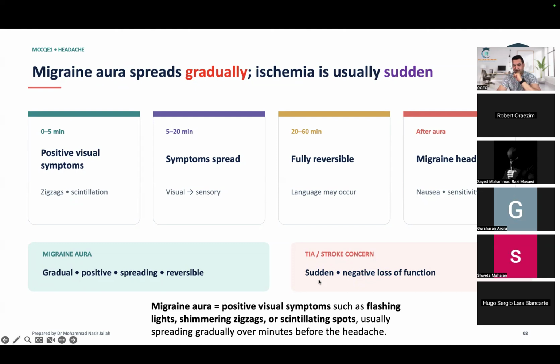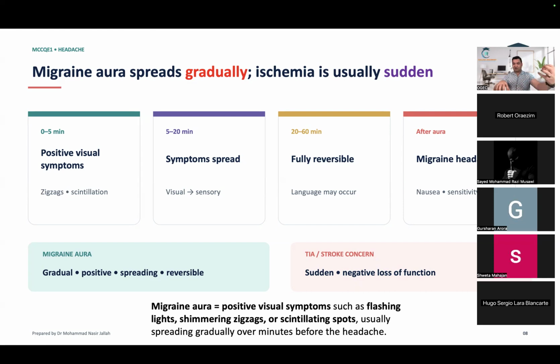Positive spread and reversible. So TIA and stroke concern, it is sudden, negative loss of function. Another thing that differentiates migraine from stroke or TIA is that migraine has positive symptoms, stroke has negative symptoms. For example, migraine has new symptoms that are adding on for the patient.